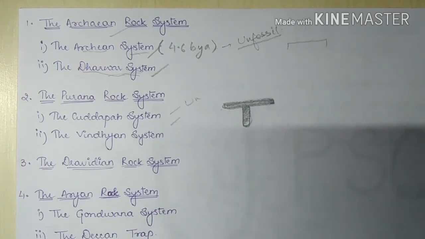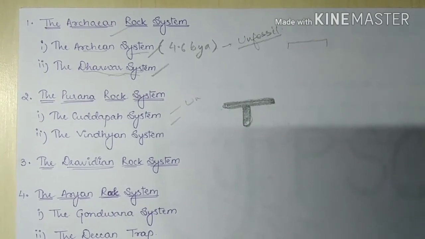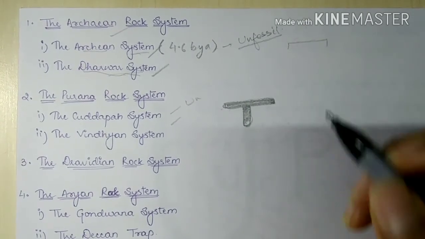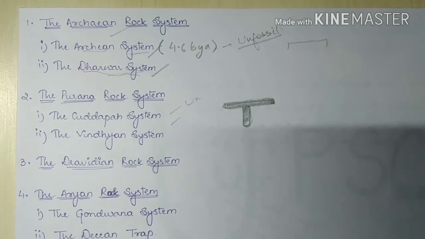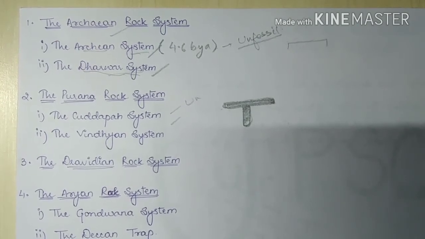So the sills and dikes have been metamorphosed, and because of this exposure and metamorphosis, the limestone has turned into marble, talc, slate, and some serpentines.